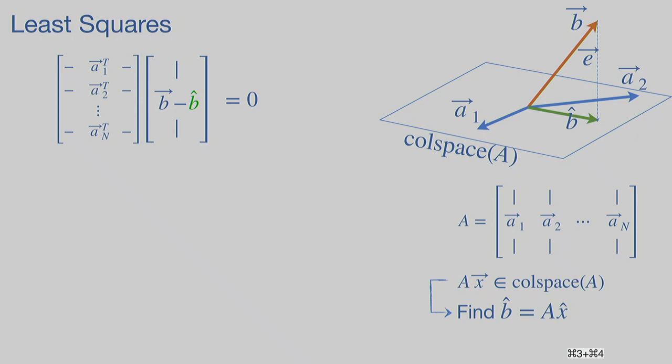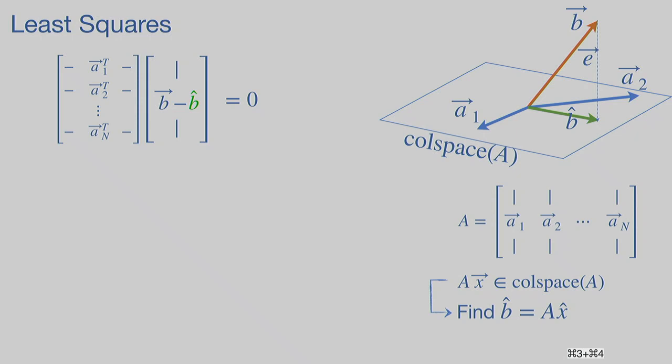The reason there is no solution is that the combination of the columns of A times X, the range of the matrix, the span of the columns of A, may not be within reach of the vector that we're trying to reach. So there is no solution for AX equals B.